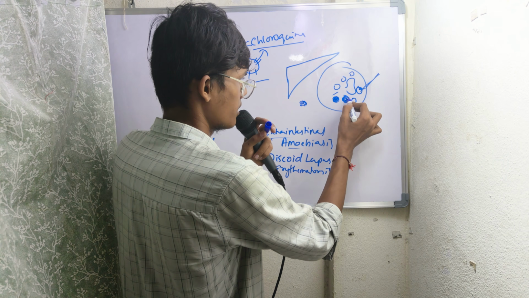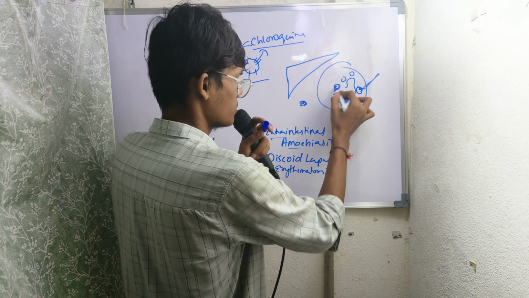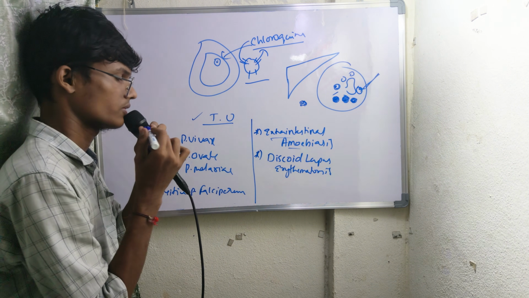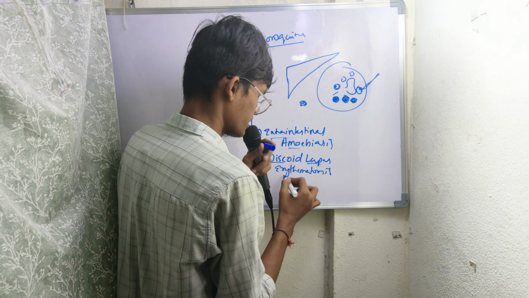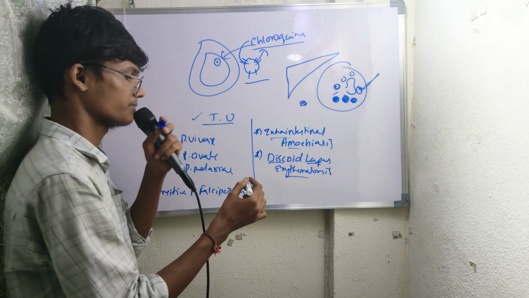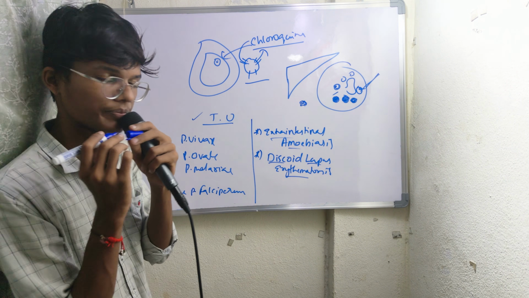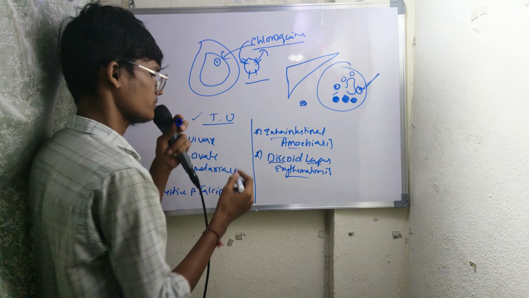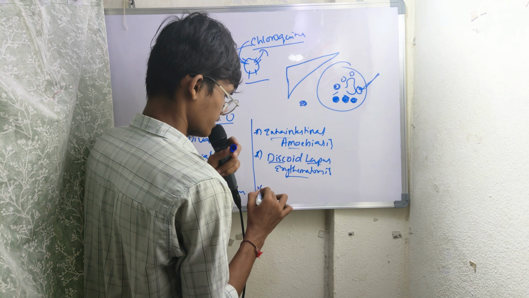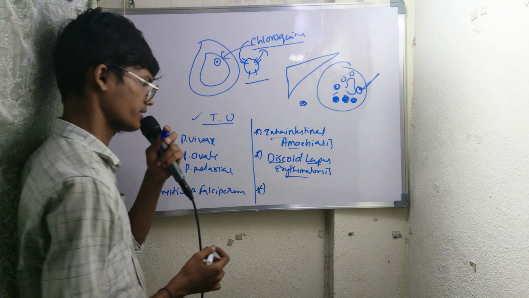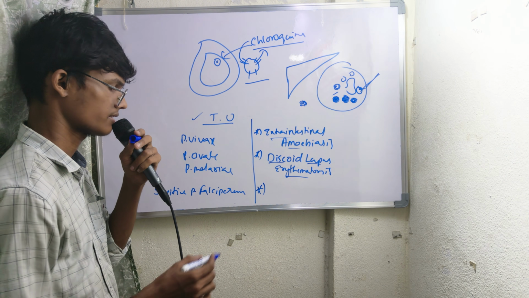Overall it will be coin shaped, so the name discoid came. Discoid lupus erythematosus is an autoimmune disease. Okay, we can use chloroquine, and some photosensitive reactions also.